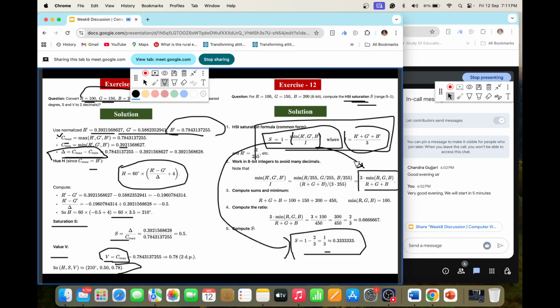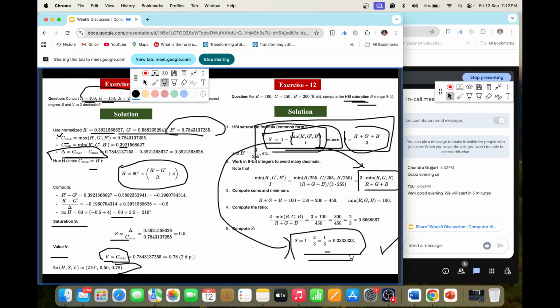If you do not want to calculate R dash, G dash and B dash, you can easily calculate this, put it in 1 minus this, and that will give your answer. Otherwise, if you have the R dash, G dash and B dash values, then you calculate directly from the formula. This is kind of a shortcut, and by this you can get the S value of the HSI saturation.